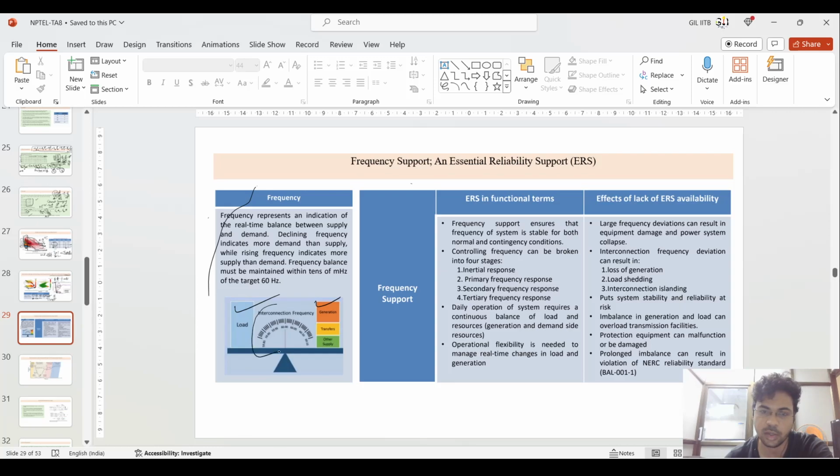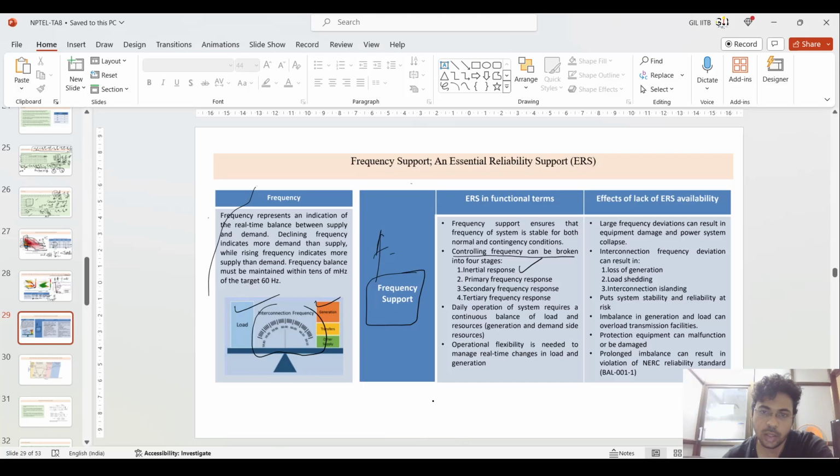This is also explained with this frequency curve. If you have a generation and load imbalance, then the frequency changes. Based upon this, you need frequency support to manage the frequency at a nominal level. There are certain control strategies, such that the first is the inertial response.